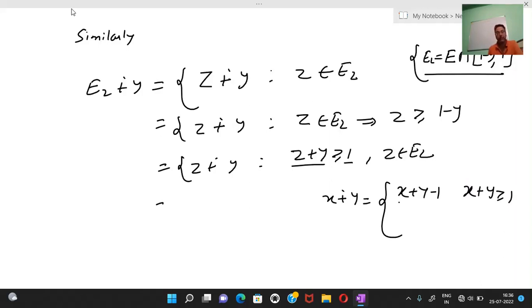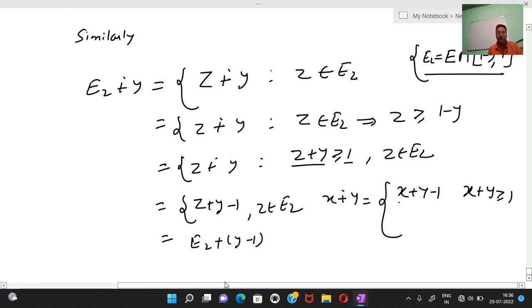So from here, since it is greater than or equal to 1, we can write z plus y minus 1, where z belongs to E2. We can write it as E2 plus y minus 1.